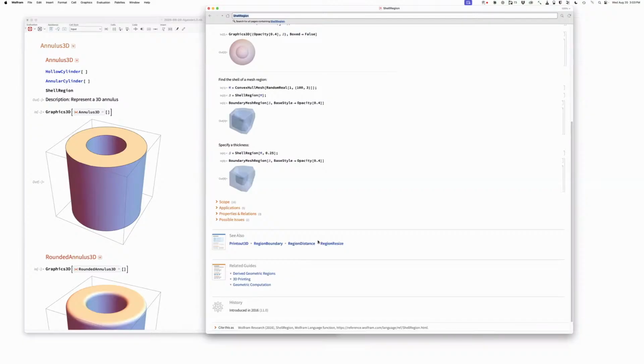I think this should be in the See Also of shell region. What is the difference between the shell region and the convex hull mesh? The convex hull mesh there is that inner bit, and the shell region is the puffed out version of it.